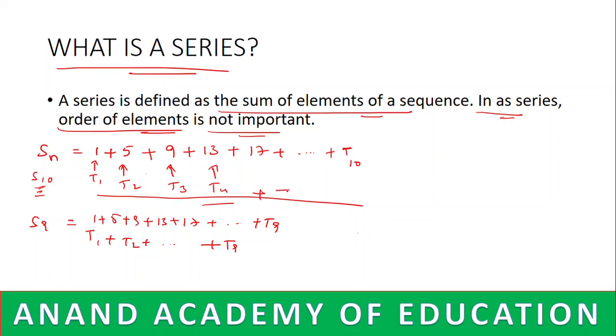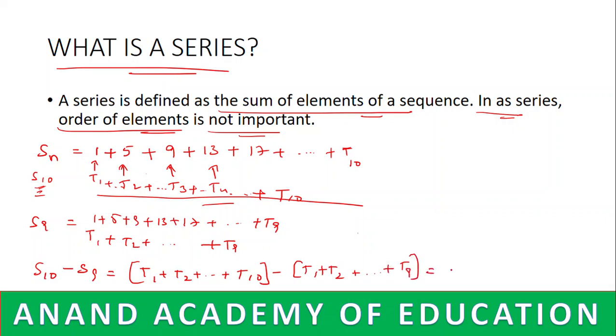S10 is the sum up to 10 terms and S9 is the sum up to 9 terms. So if we subtract S9 from S10, what would we get? T1 plus T2 plus and so on plus T10 minus T1 plus T2 plus and so on plus T9. So what would we get? T10. We get T10.